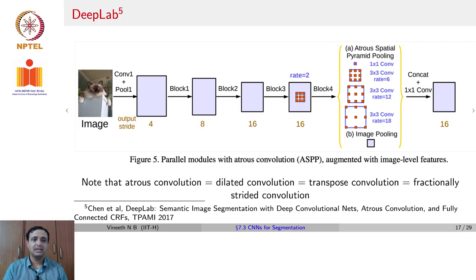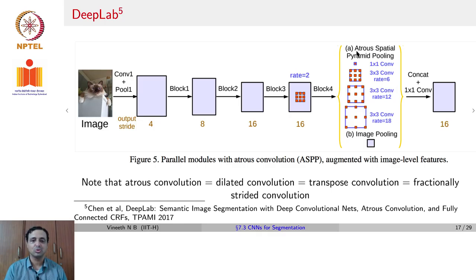Another method is known as DeepLab, which is a popular method for semantic segmentation, which is similar to PSPNet. In this case, the image goes through several blocks of convolution, and then instead of having a pooling layer which splits the image into 4 different scales, it performs atrous spatial pyramid pooling.